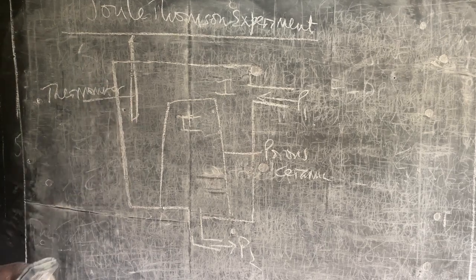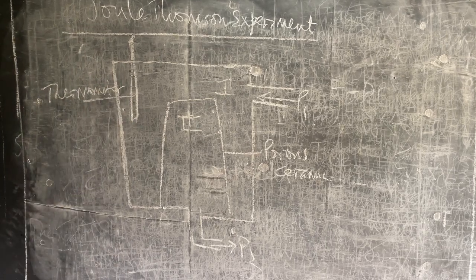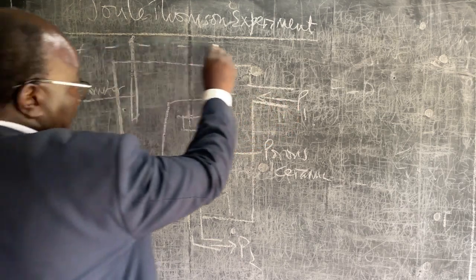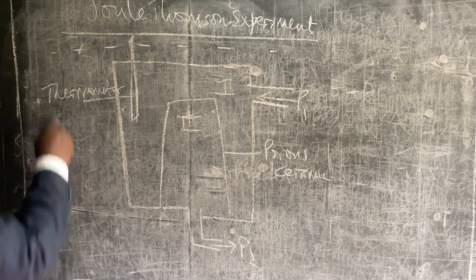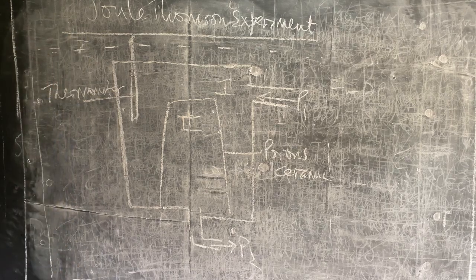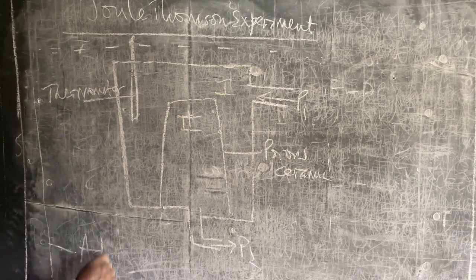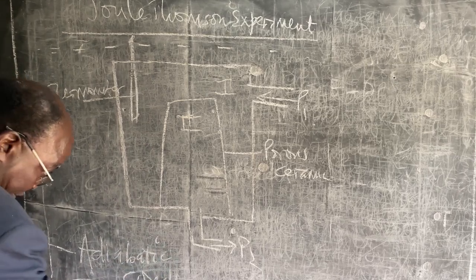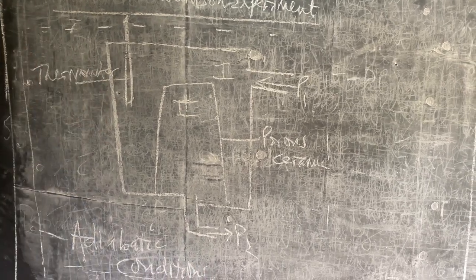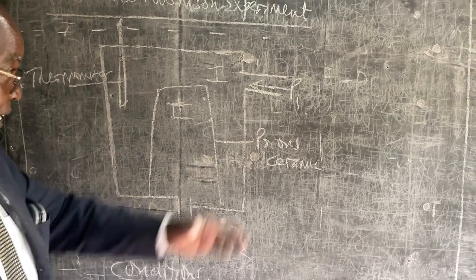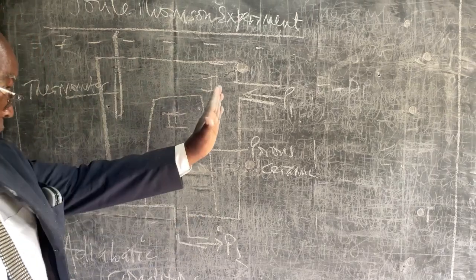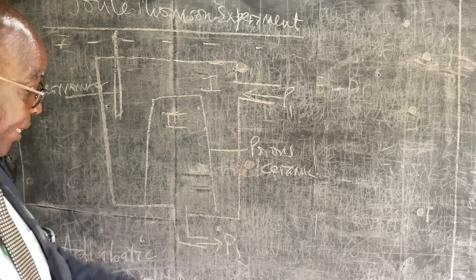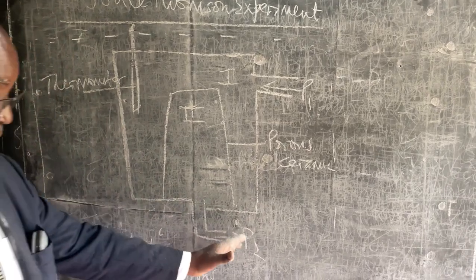So we have this gas coming in, and of course we are doing this experiment under adiabatic conditions. Let's keep that to remind us. As you remember, adiabatic means that no heat is transferred into or out of the system. So we have our gas coming in, and gas in compartment 1 is able to throttle or go through the porous ceramic, driving out the gas in compartment 2, which we have represented as P2.